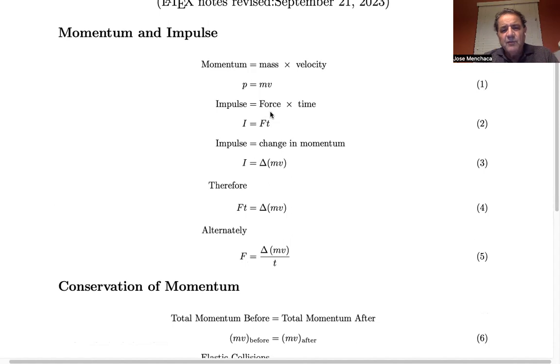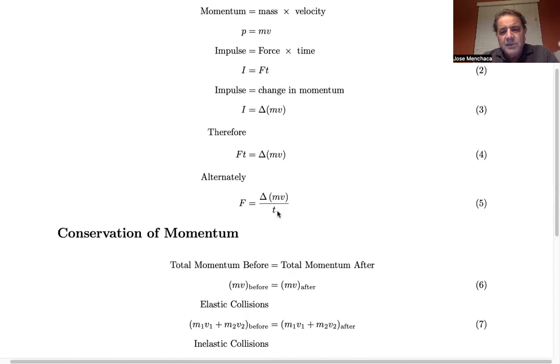So if impulse is equal to force times time, and impulse causes a change in momentum, then force times time equals a change in momentum. We can write that alternately as force is equal to delta mv, change in momentum, divided by time.